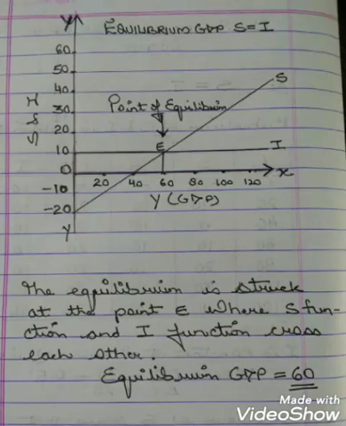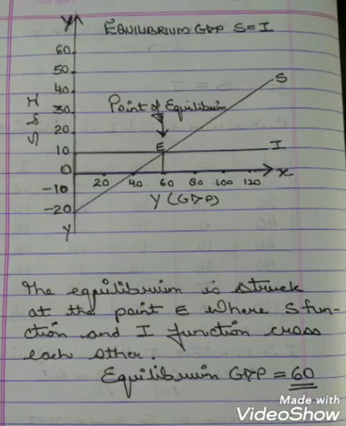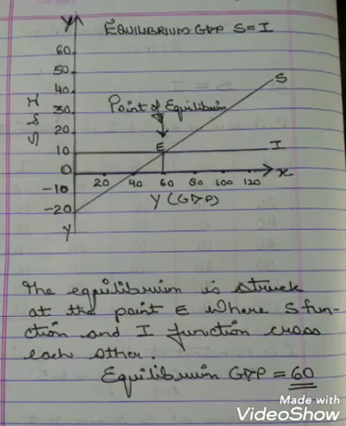So this is the point of equilibrium where S equals I. We say the equilibrium is struck at point E, where the S function and I function cross each other, and equilibrium GDP is 60.